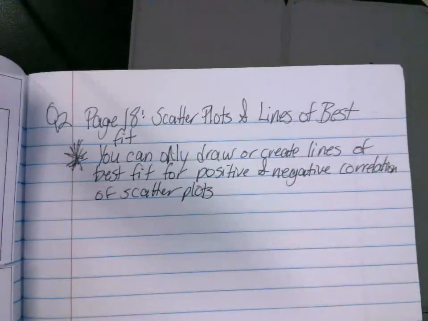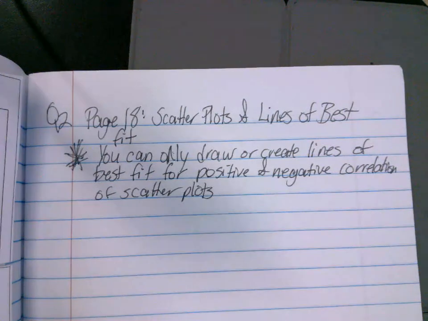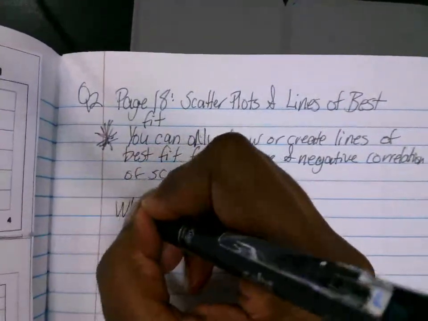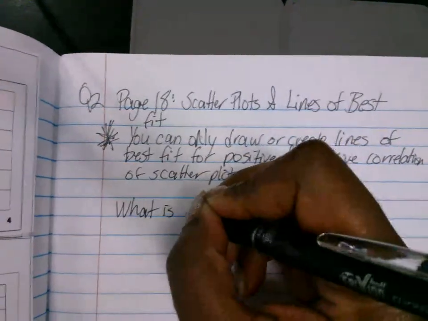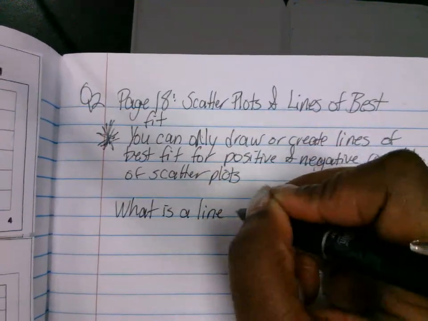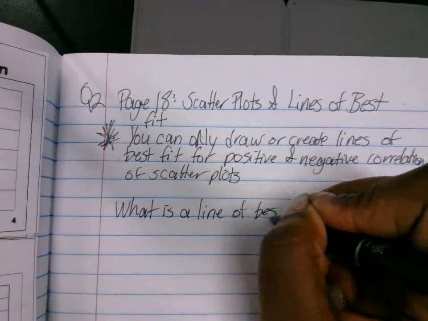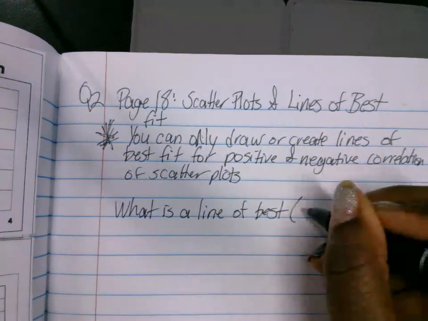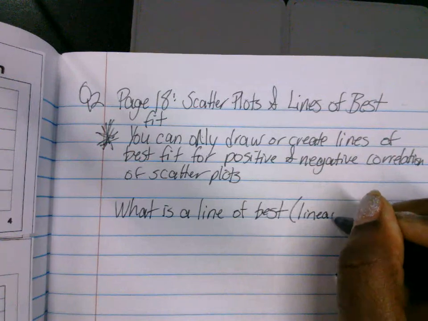And then we'll talk about what a line of best fit is. There's so many different names of a line of best fit, and I'm getting ready to tell you what they are. All right, so now let's talk about line of best fit. What is a line of best fit? Another word for line of best fit, and put all of these in parentheses, is linear model.